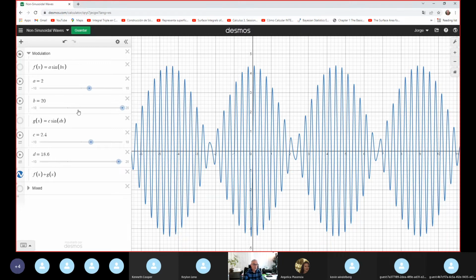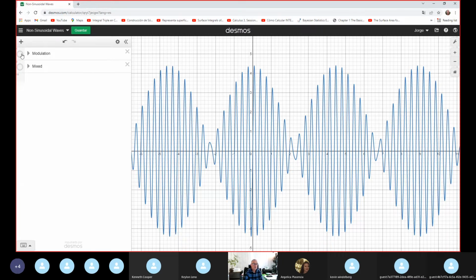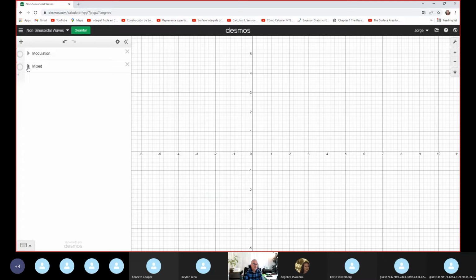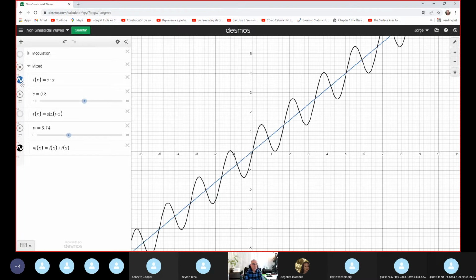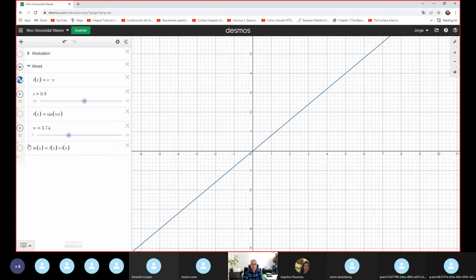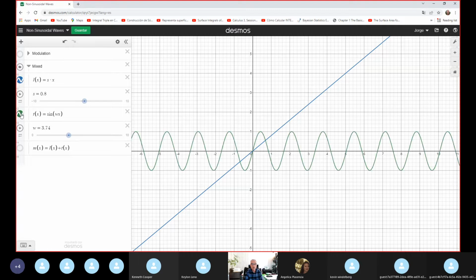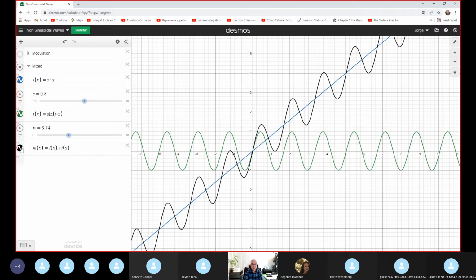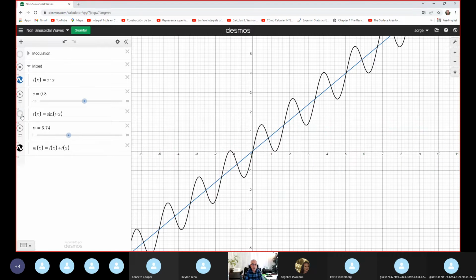However, if you add, for example, in this example, one linear function, the famous line you know very well, and one sine, look, in green color, together is this, in black color. So I delete the green, the pure sine, and the pure line.